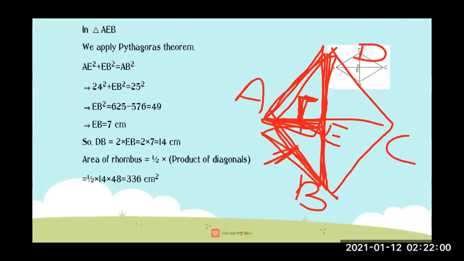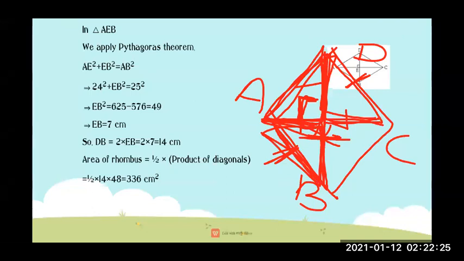My one side is AE and my other side is EB. You can take this also. If you take this triangle, that means DEC, here DC is your hypotenuse and DE and CE are your one side and other side.